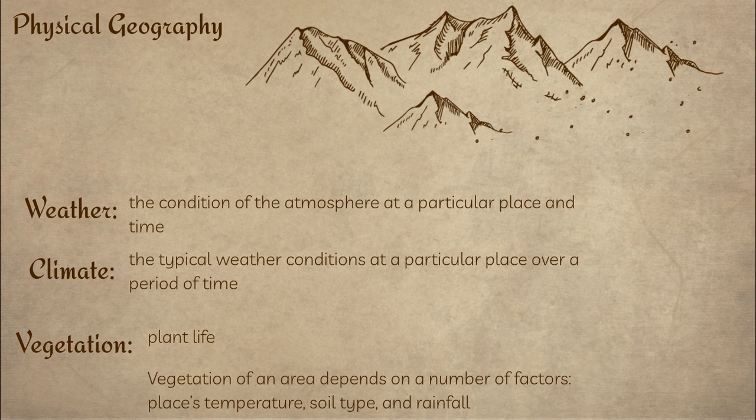We in Ohio have different vegetation than in Arizona. Different weather and climate, different soil. So we have to look at that. What is a place's vegetation? What do they have there that they can use to build their community?